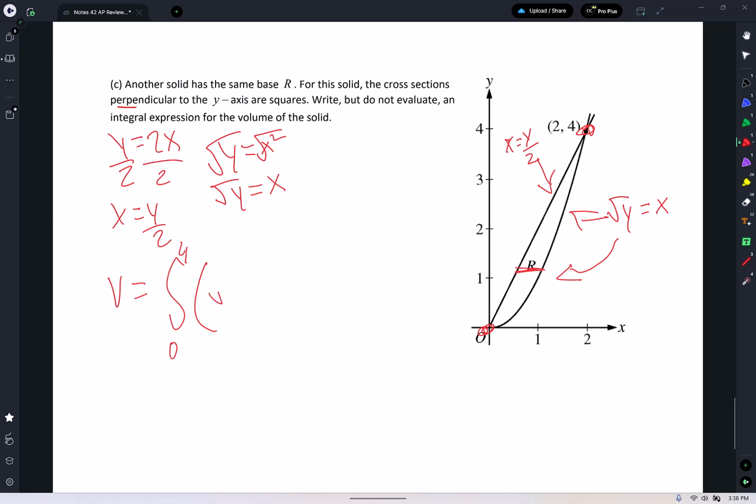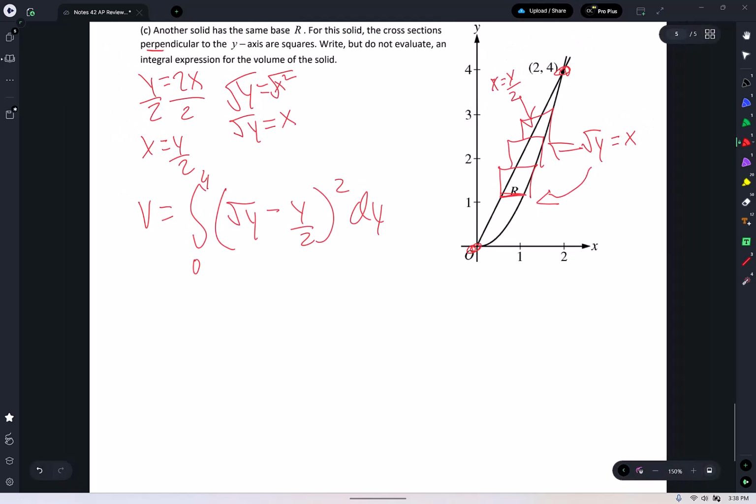So we're going to do square root of y minus y over 2. We're going to square that because the cross sections are squares. When you're finding the volume of a square, it's side times side, or side squared. And then close out with the dy. And then, yeah, that's it, right?